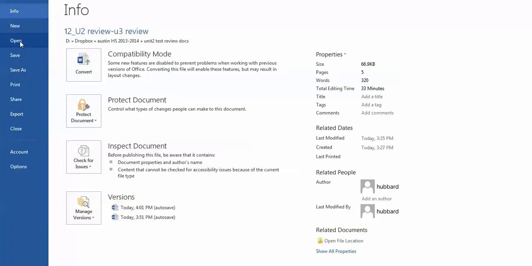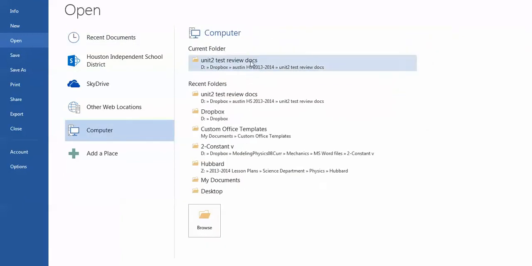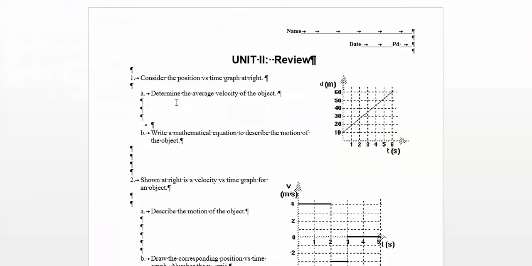Okay, last thing I want to do is show you the other review sheet. If you look at that and do that work, you will be massively ready for this test, and you will not have any problem on it at all. So I'm going to open the computer and open this one.